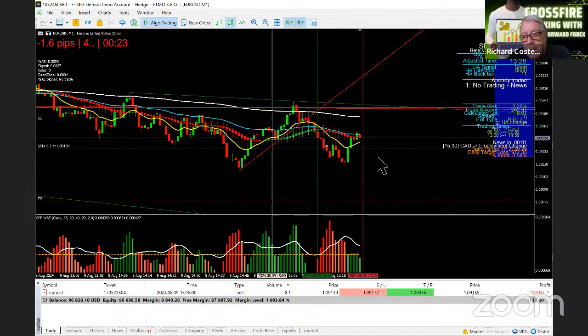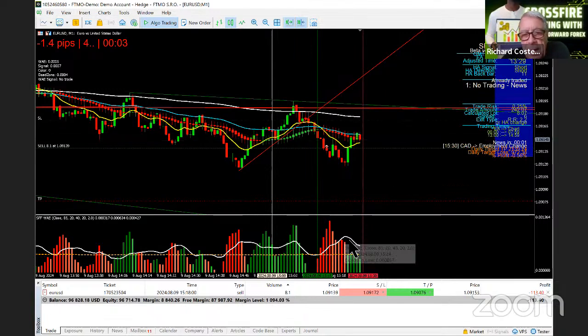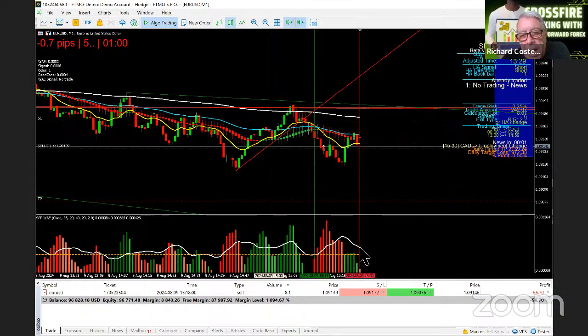So I could get out with $129 loss, but because I'm trading on a demo, I'm just going to leave it in just to make the point of the danger of being in around news. As you know, I wouldn't normally trade news if I was trading manually. What's happening here is the explosion line is pointing back down towards the dead zone line, and the histogram is way below the dead zone line.